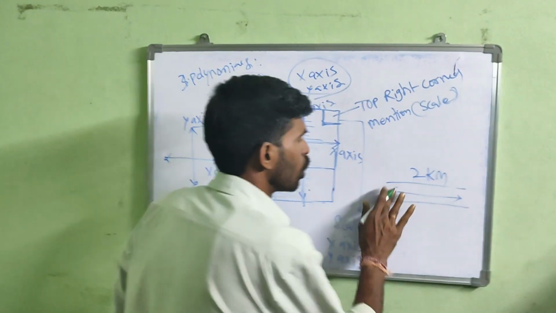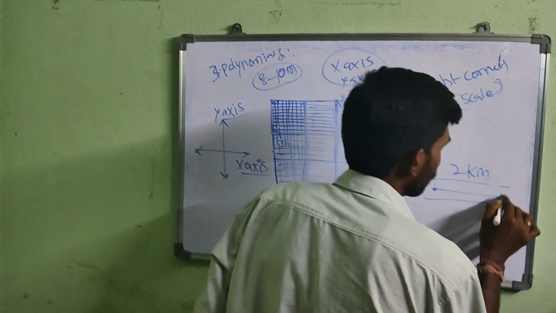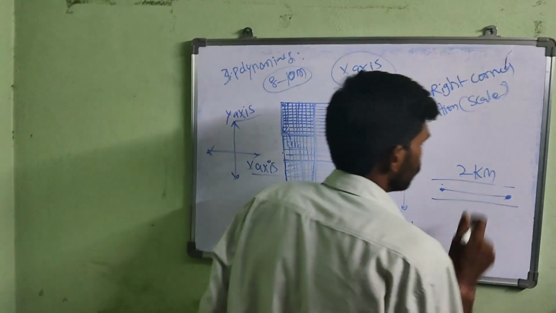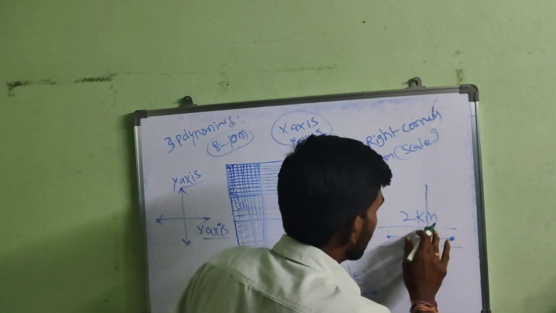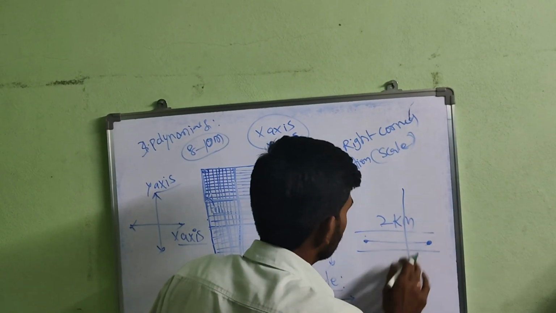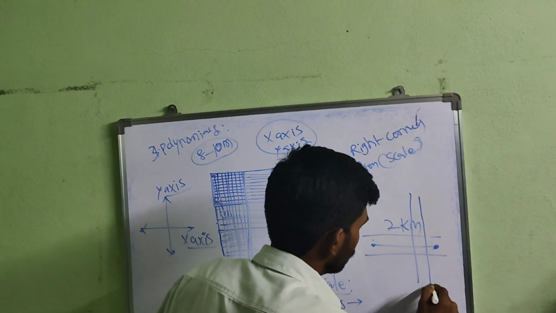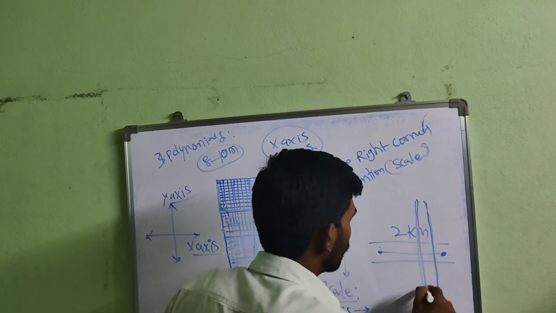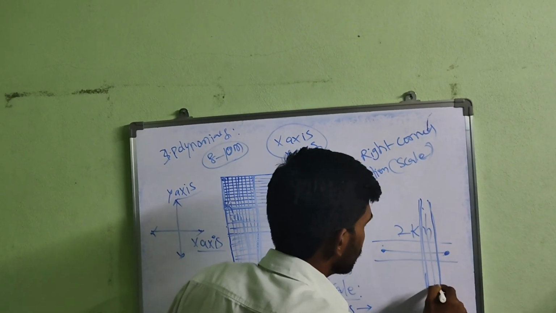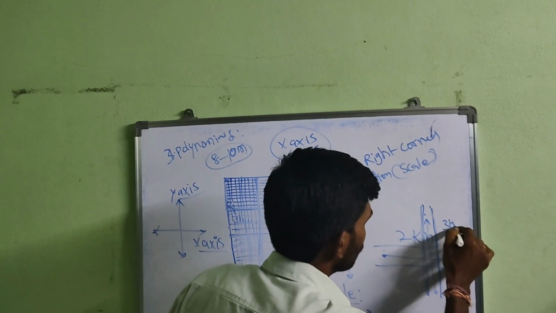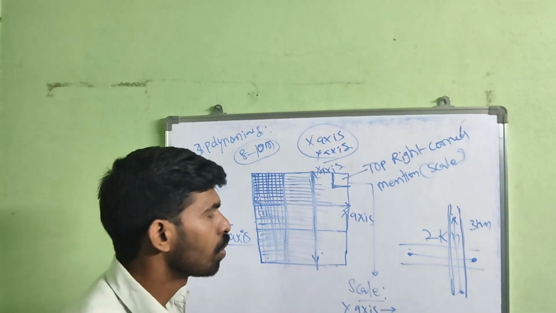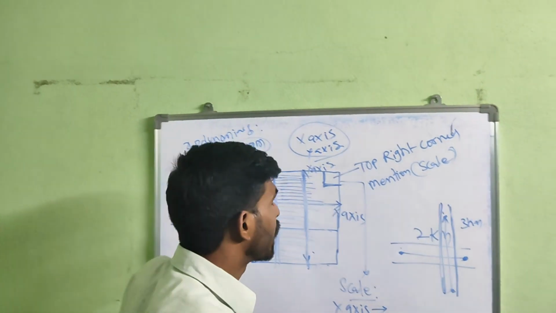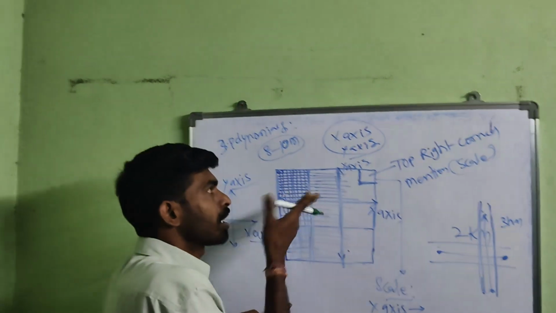This road is 2 kilometers from this point to this point, for example. And there is another road like this. This distance is 3 kilometers, from here to here. Now how do we represent it? We cannot represent this 2 kilometer distance directly.